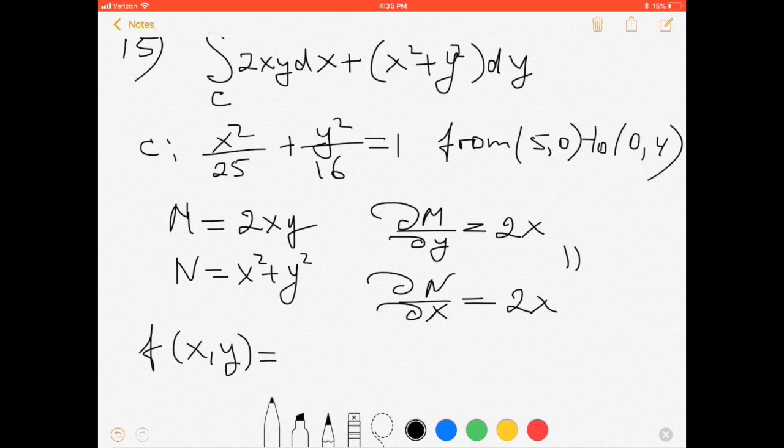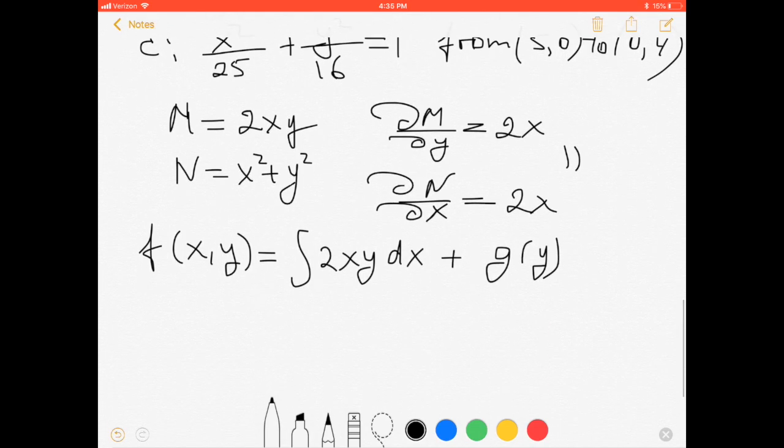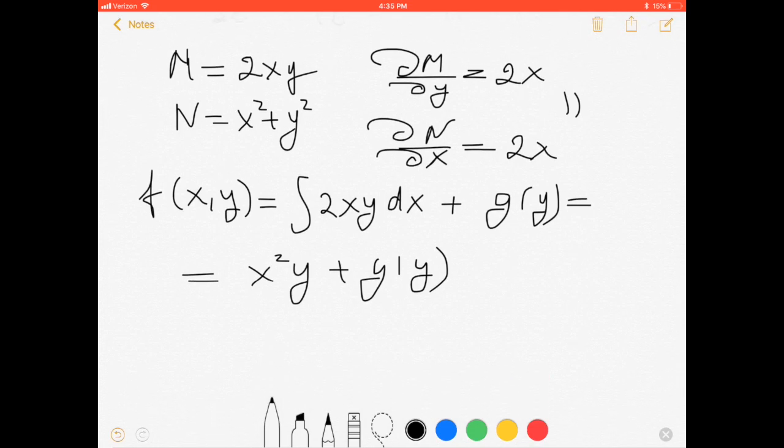This means here I find f from the xy part. It will be the integral of 2xy dx plus maybe some part depending only on y. It will be x squared y plus g of y. We need to find g of y. This means we find the derivative of our potential function f with respect to y.